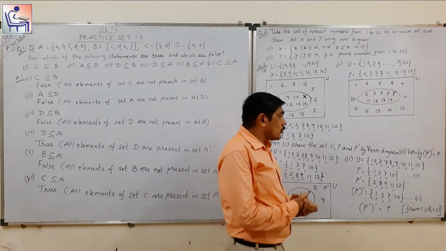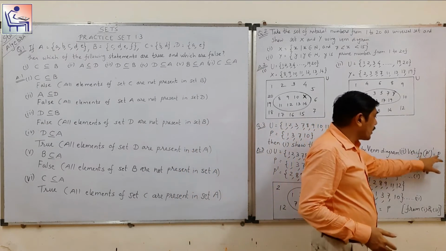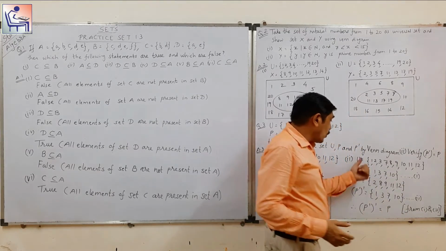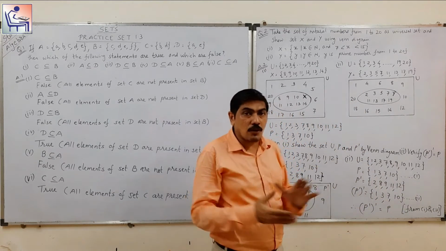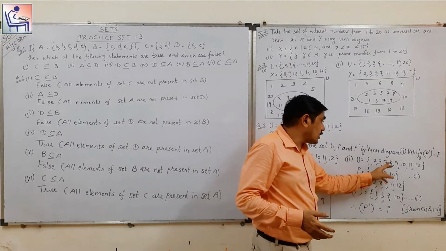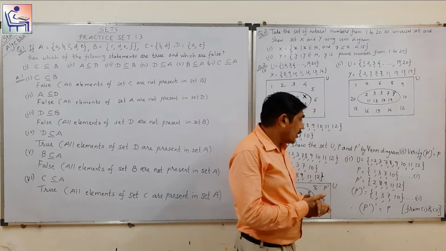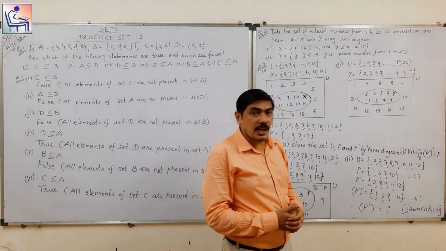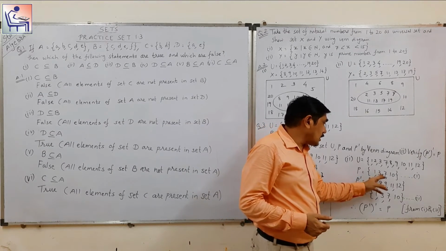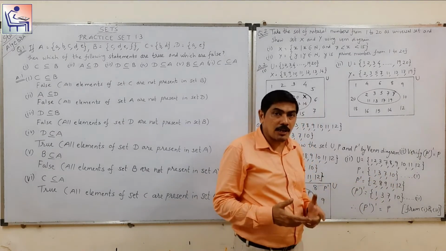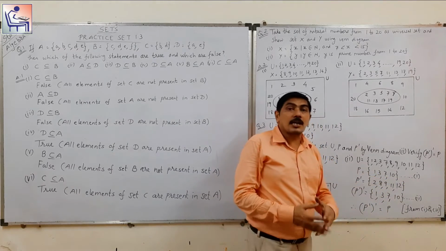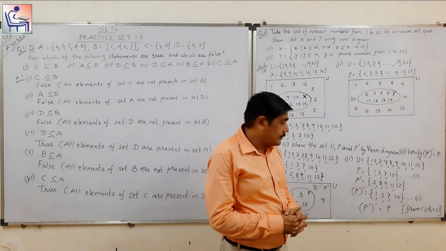And we have to prove that the complement of P complement is equal to P. So first we will write all the elements of the universal set, that is 1, 2, 3, 7, 8, 9, 10, 11, 12. Then the elements of set P are 1, 3, 7, 10, which is already given. Here we are giving it as equation number 1.